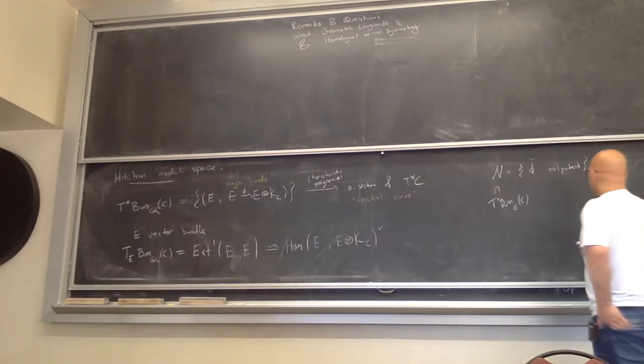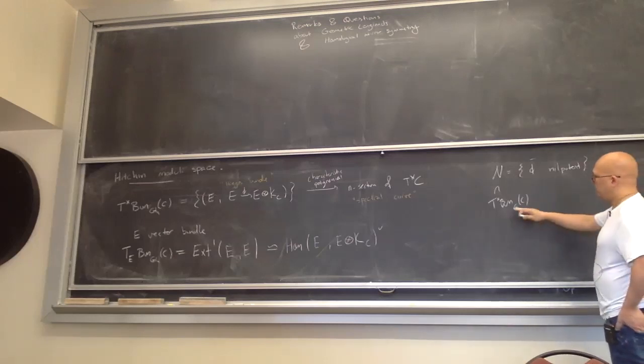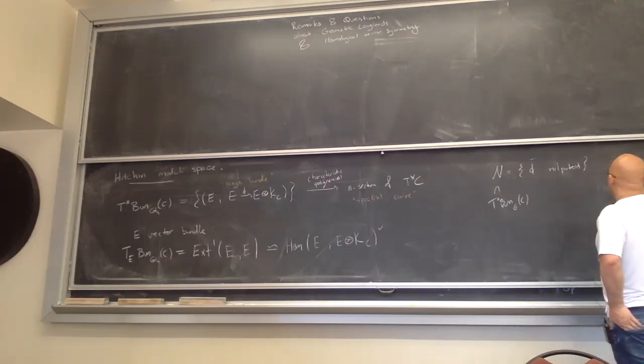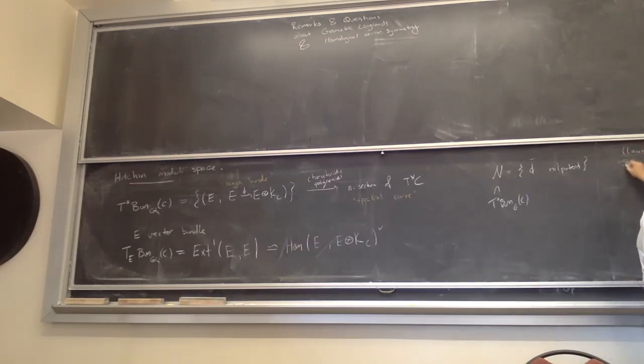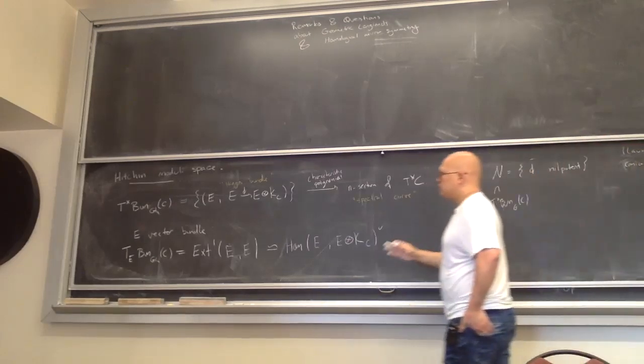It's a fact originally due to Laumon that this is Lagrangian. It's obvious that it's conical, and it's Lagrangian. So it's quite reasonable to study sheaves microsupported there.